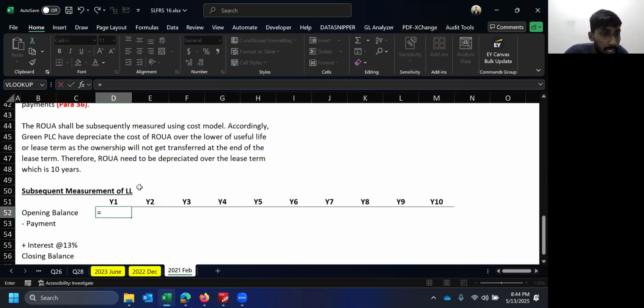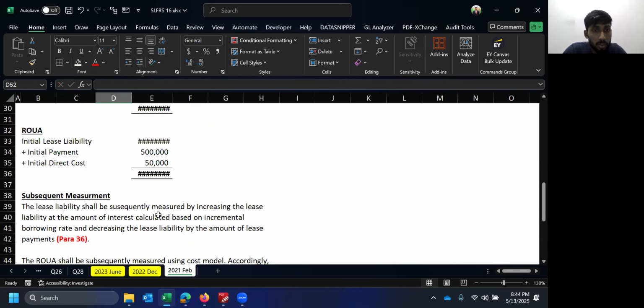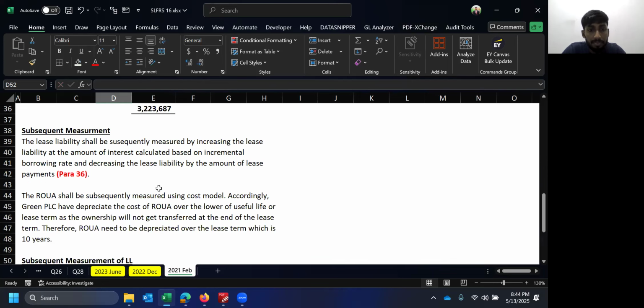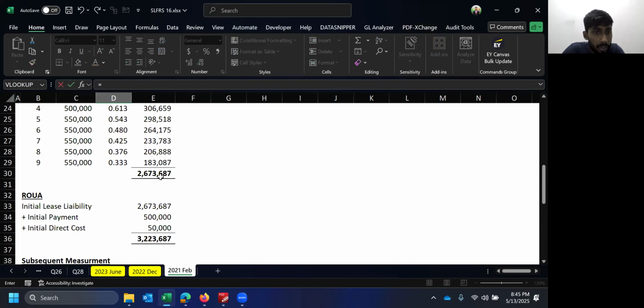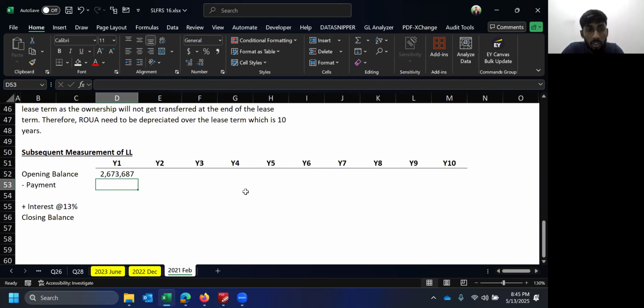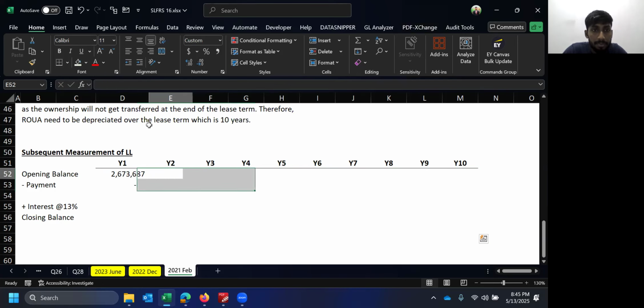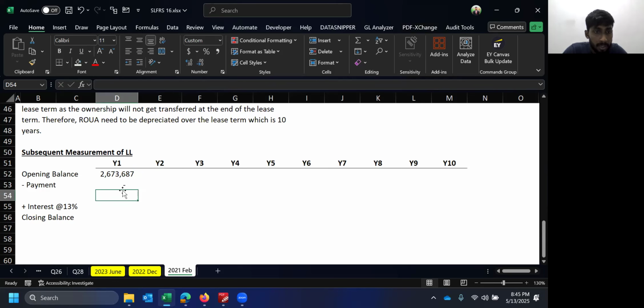Opening balance. So I have the opening lease liability as 2,673,687. So year 1 payment we have already made, so nothing to do with that payment. Then we can get the balance after payment.